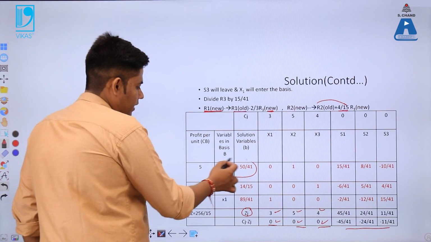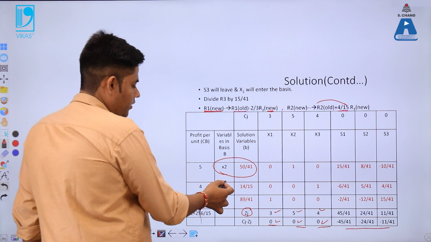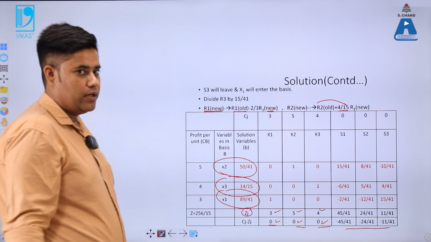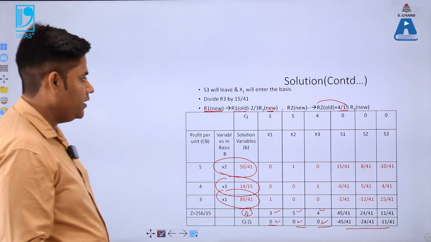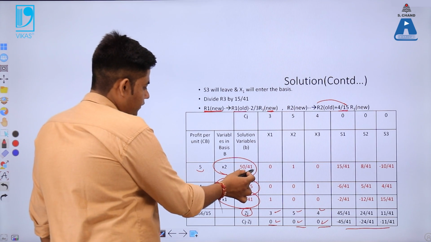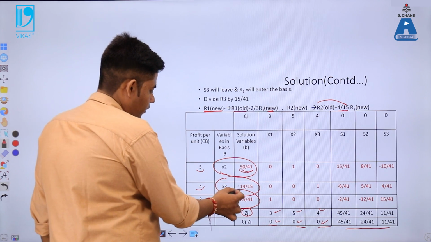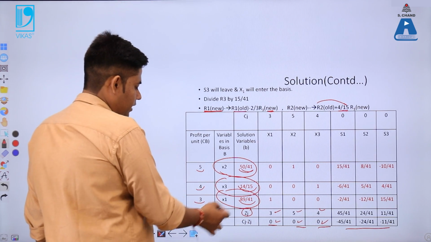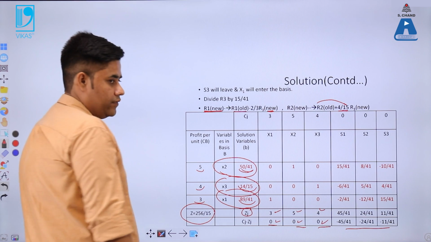We got x2 as 50 by 41, we got x3 as 14 by 15, and we got x1 as 89 by 41. And what is the maximum value that can be obtained? That value would be 5 into 50 by 41 plus 4 into 14 by 15 plus 3 into 89 by 41. Add them up, we'll get this value of z, which is the maximum value.